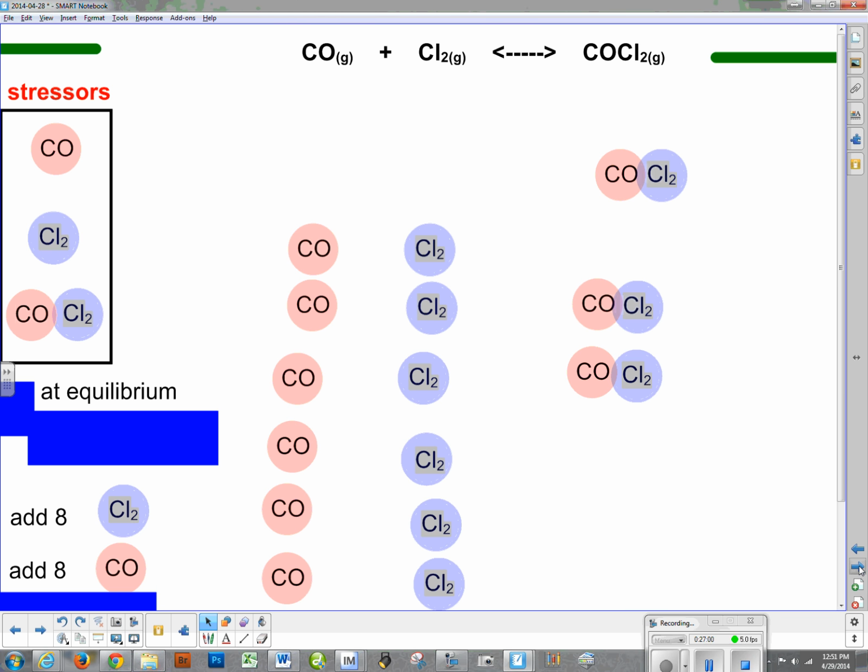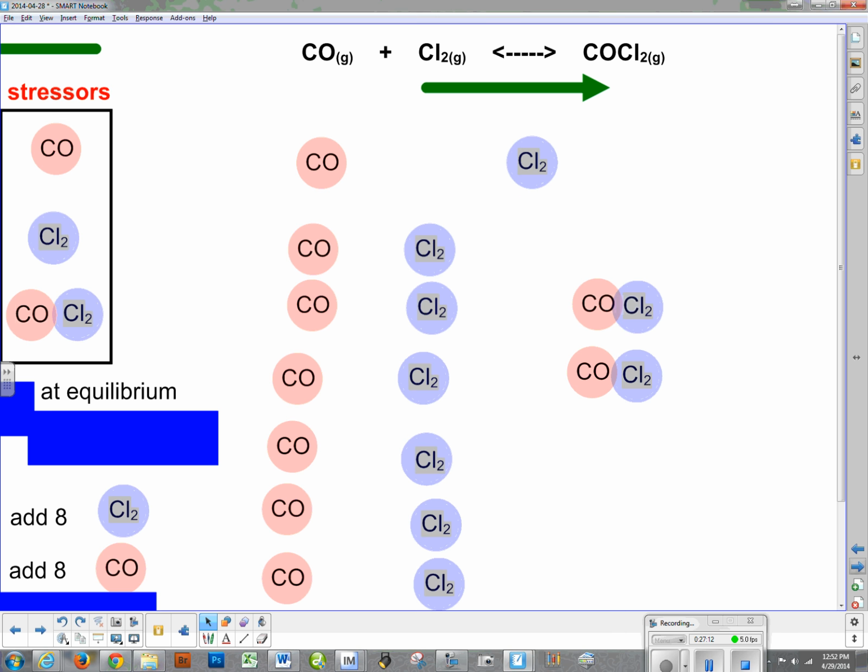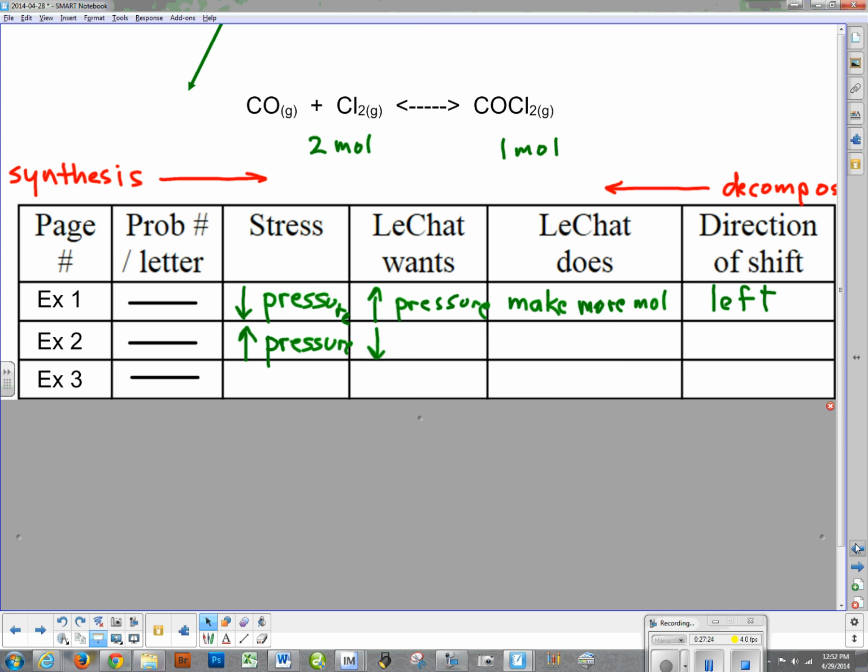And because I have a right shift, that means that I have gone to the right to do the synthesis type of reaction. And that would make fewer moles, because over here I have 2, and when the reaction occurs and we shift it back this way, we have just made fewer moles, which reduces our volume.